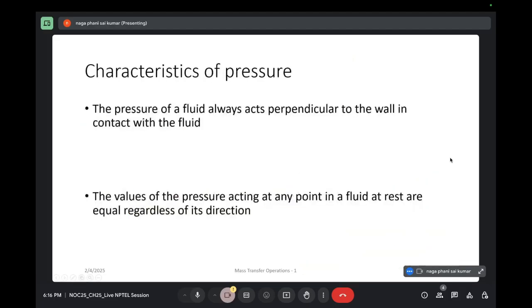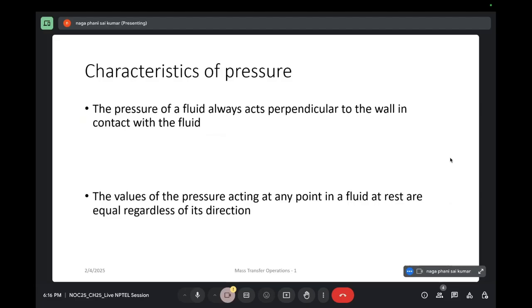So this is how you measure pressure at different locations. You can either express it in terms of perfect vacuum, that is absolute pressure, and if you measure the value with respect to atmospheric conditions, then it is going to give you gauge pressure. Okay, and now coming to the characteristics of pressure.